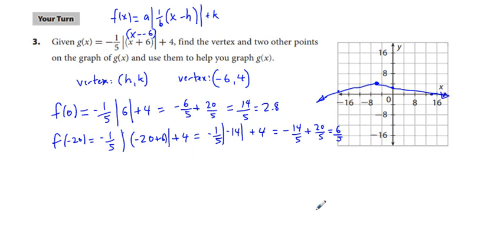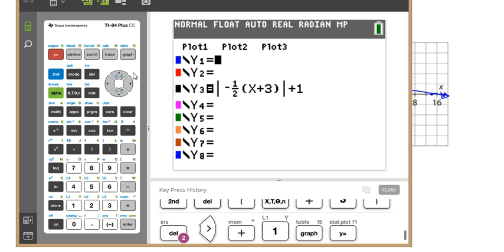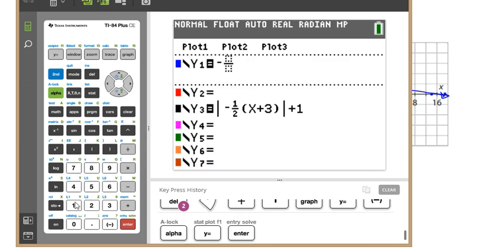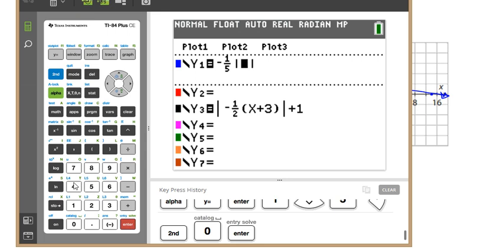Then if we go to our graphing calculator, we should see exactly that. So I'm going to come down here. I'll just put in negative 1/5, come over here, absolute value of, second catalog, enter, absolute value, and we had x plus 6.